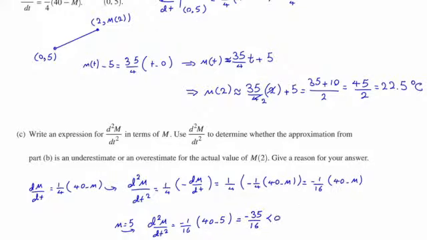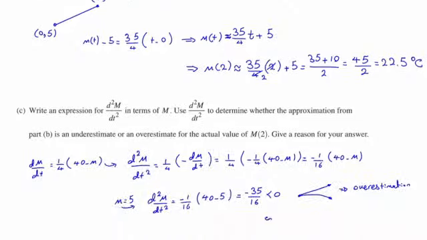So because it is less than 0 at this point when you approximate, the graph is concave down. And we understand, okay, it is an overestimation. This graph is concave down because it is less than 0.